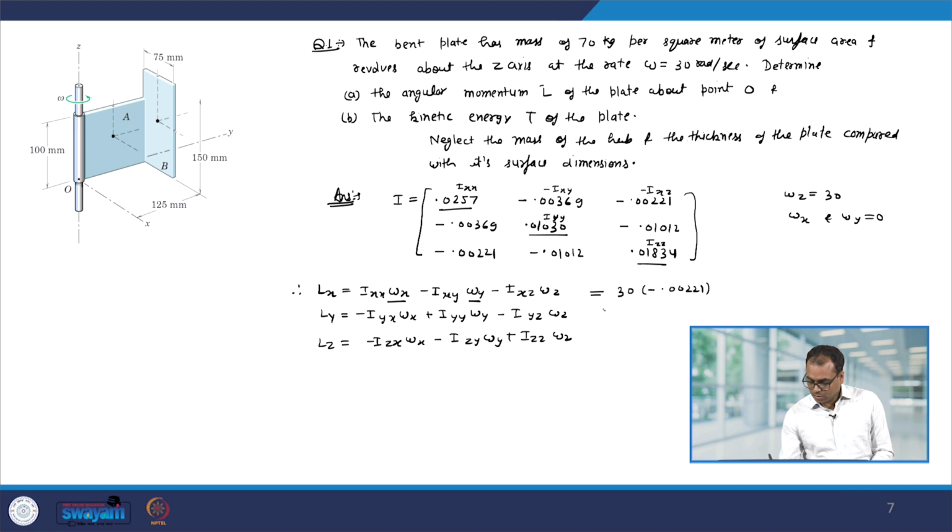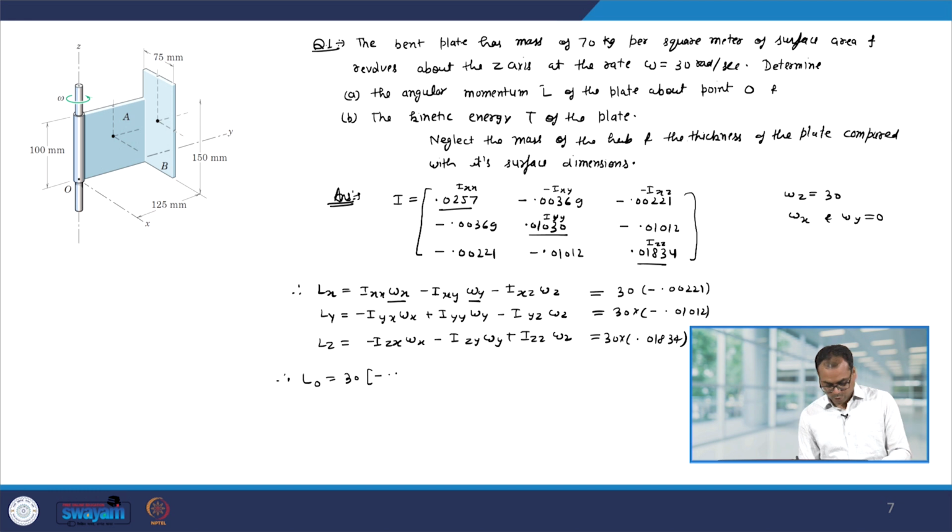Similarly, Ly will be 30 into minus 0.01012 and Lz will be 30 into 0.01834. Therefore, the angular momentum about point O will be 30 times minus 0.00221 i minus 0.01012 j plus 0.01834 k newton meter second.